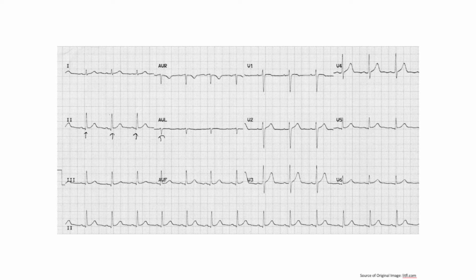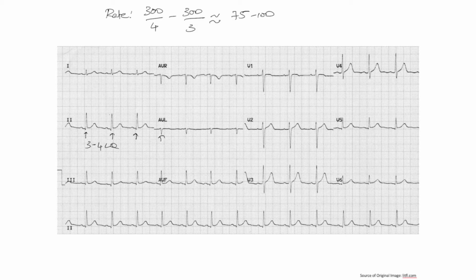So if you had to estimate the frequency of the QRS complexes, we can see that there are approximately 3 to 4 large boxes between each of the complexes. So the rate would be equal to a range between 300 divided by 4 to 300 divided by 3. So the heart rate in this case is between 75 and 100.